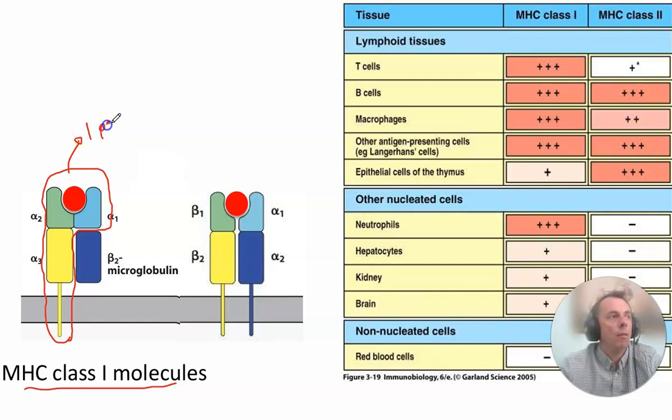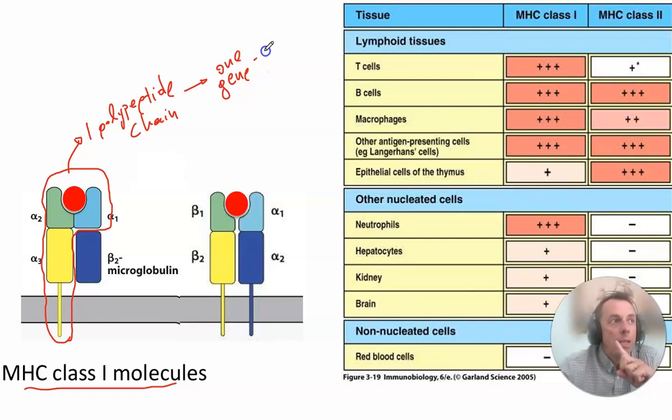So one polypeptide chain encoded by one gene. This gene is located on chromosome number 6, and there are actually 3 different genes, A, B, and C, that encode the alpha polypeptide chain of the MHC class 1 molecule.